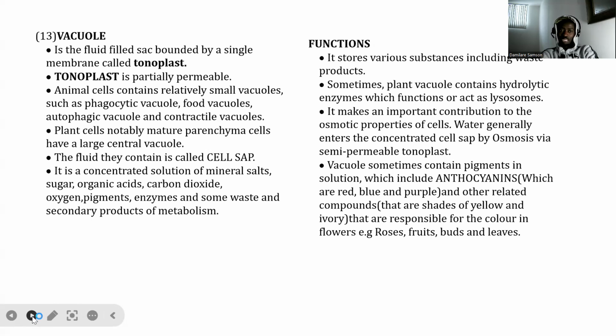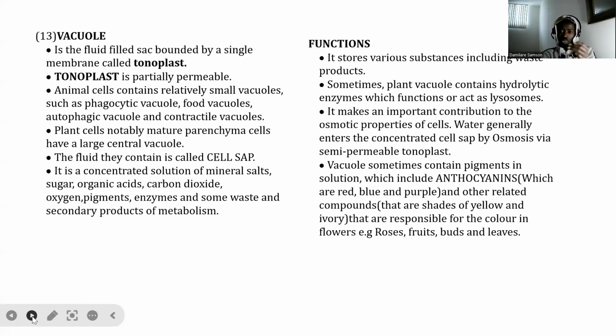Now, the phagocytic and the autophagic, we will also talk about them. When you talk about phagocytic vacuoles, all this helps in engulfing. Digestion, that's for the food vacuole, for example, in unicellular organisms.